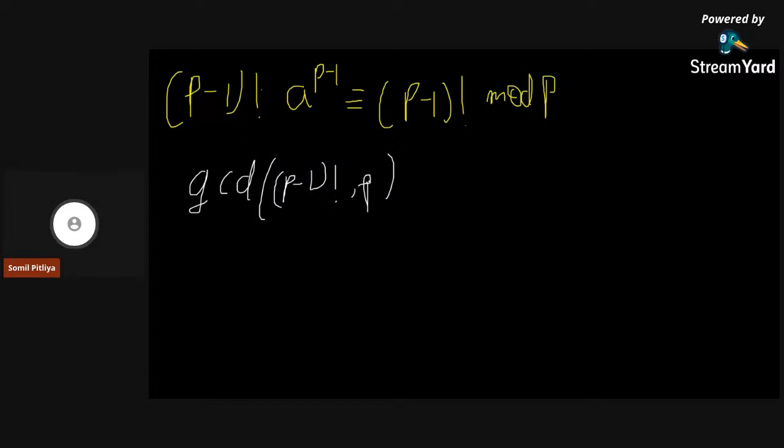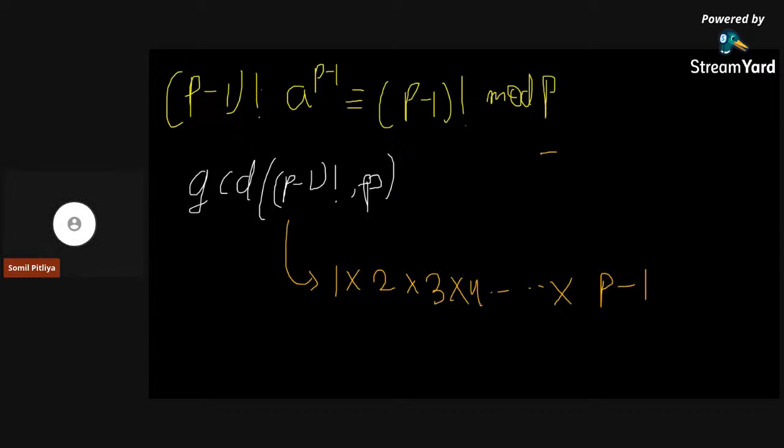Now as p is a prime number, p minus 1 factorial is 1 into 2 into 3 into 4 till p minus 1. Every number less than a prime number p is not divisible by p.